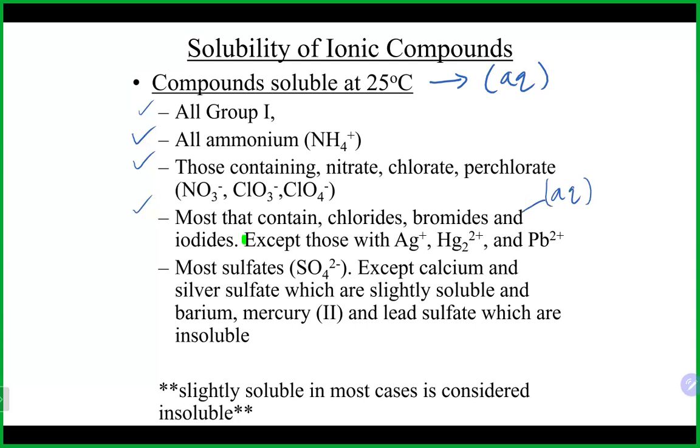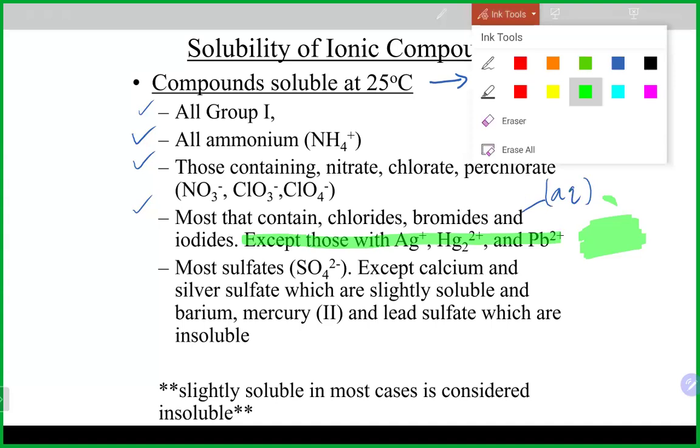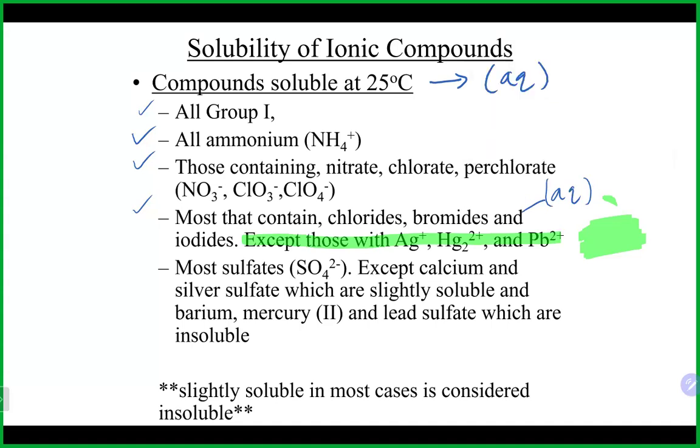There are three exceptions that go with this, which means that if you have chloride, bromide, or iodide, and they are not with silver, mercury 1, or lead 2, they will be soluble. But if you have chloride, iodide, or bromide, and they're hooked up with lead, silver, or mercury, they are actually going to be an exception and do the opposite, and you would expect a solid to form.